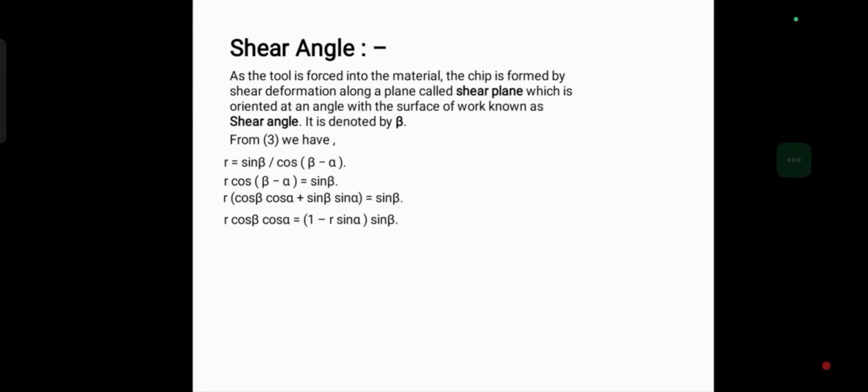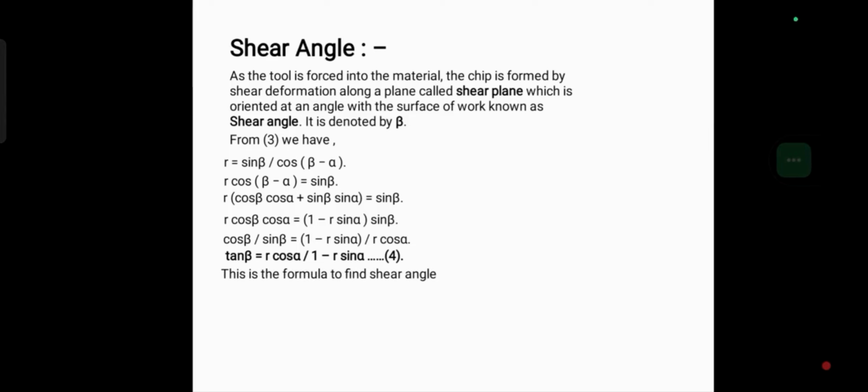Then R cos beta cos alpha equal to sin beta minus R sin alpha sin beta, which is sin beta times (1 minus R sin alpha). Taking sin beta to one side and R cos alpha to the other side, we have sin beta by cos beta equal to R cos alpha by (1 minus R sin alpha), which gives tan beta equal to R cos alpha by (1 minus R sin alpha). This is equation number 4, and this is the formula to find the shear angle.